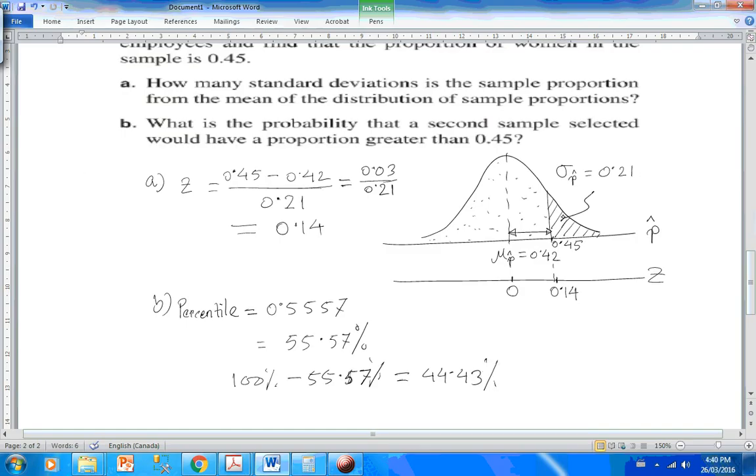So the area of this striped region is 44.43%, and that is the probability of the sample proportion being bigger than 0.45.